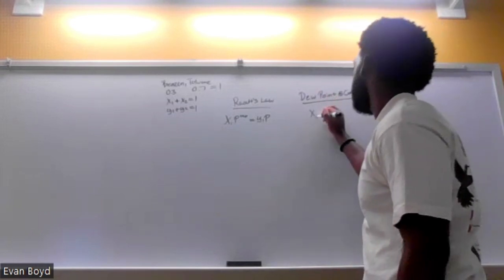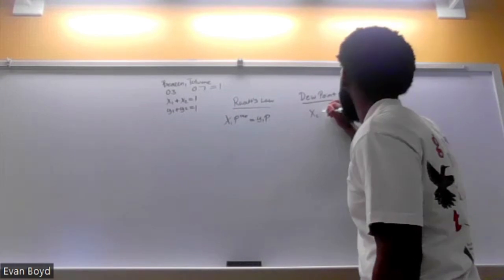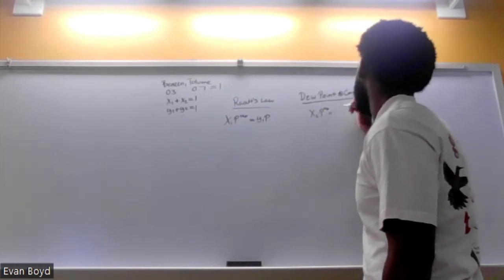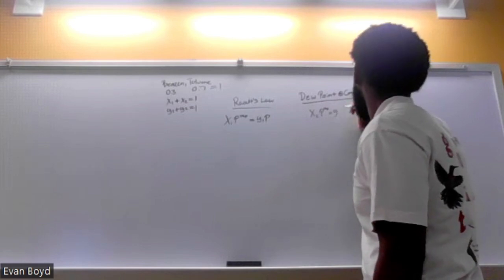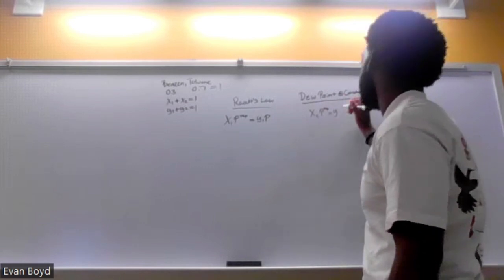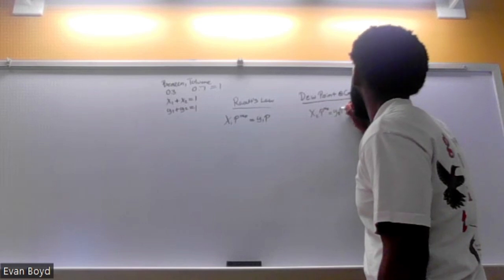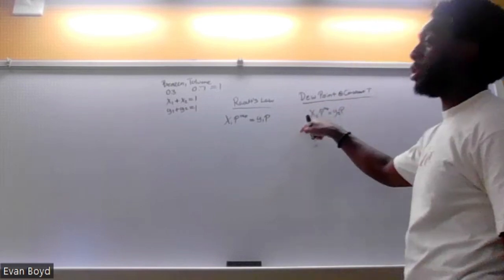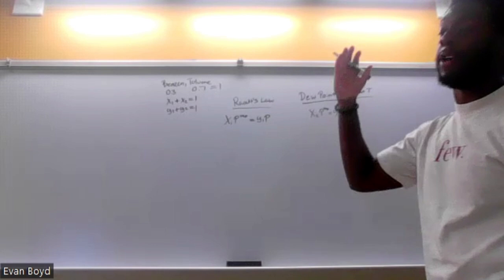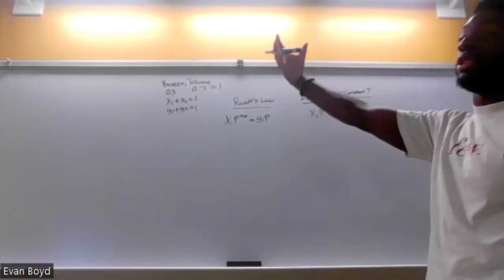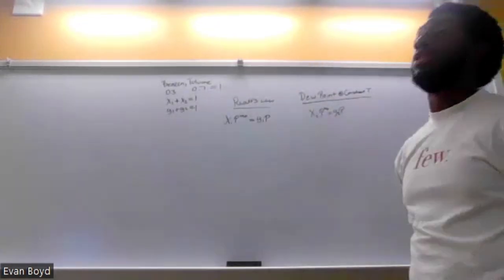Liquid concentration of species 2 times the vapor pressure is equal to the vapor concentration of species 2 times the pressure. Now, a dew point, like I mentioned earlier, is the first sign of the vapor condensing down into the first droplet of a liquid.